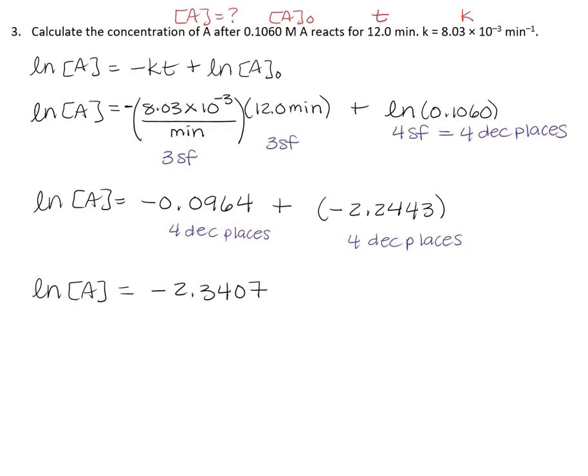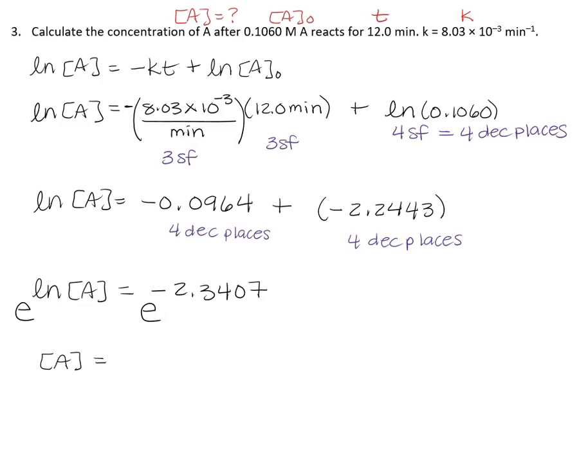Our last step is to take the antilog of each side. So e to the ln A equals e to the negative 2.3407. When you take the antilog of a log, you just end up with that quantity. A will equal the antilog e to the negative 2.3407.